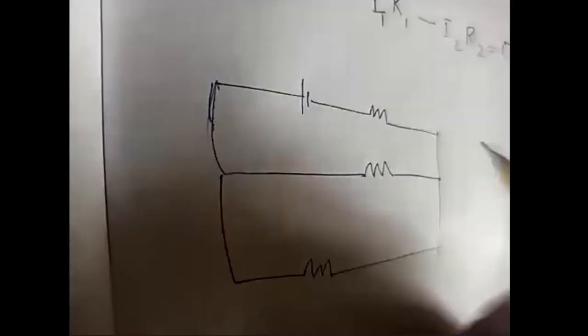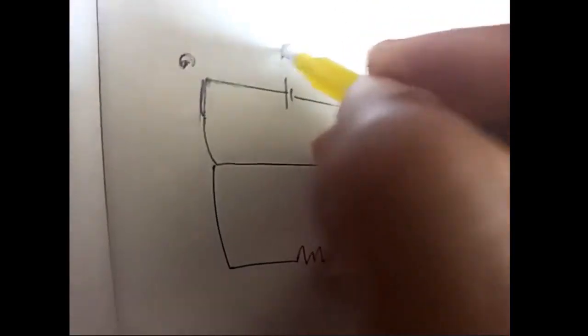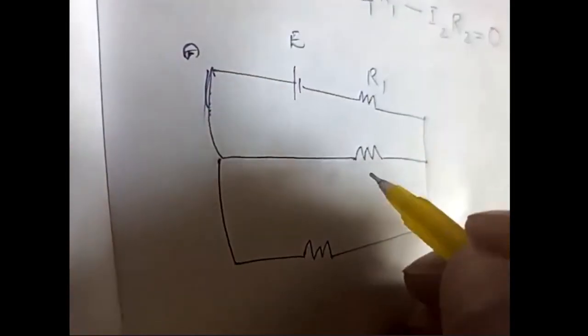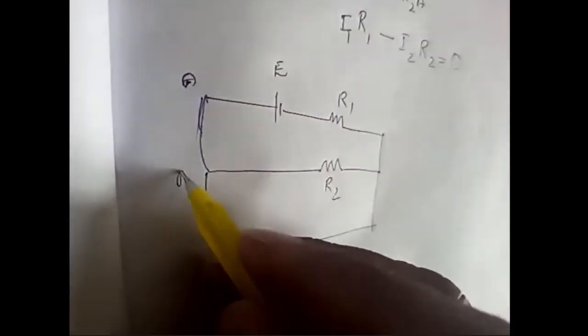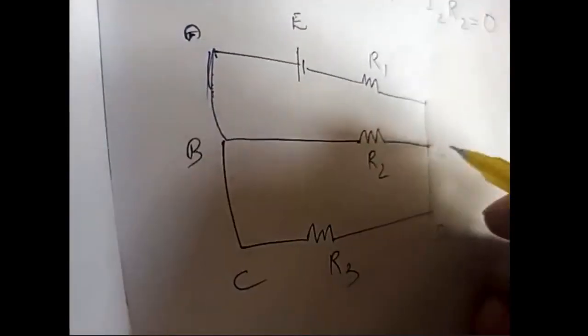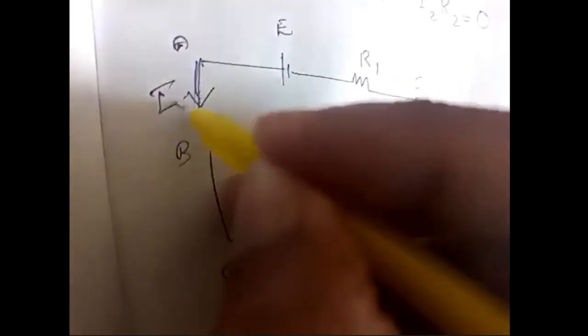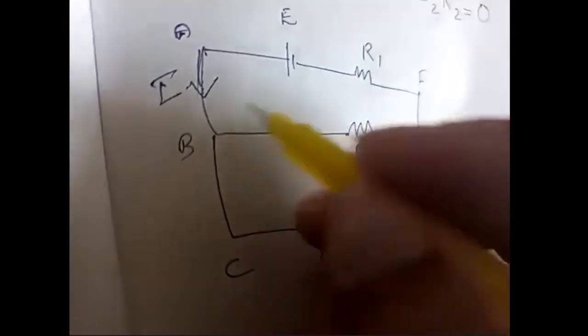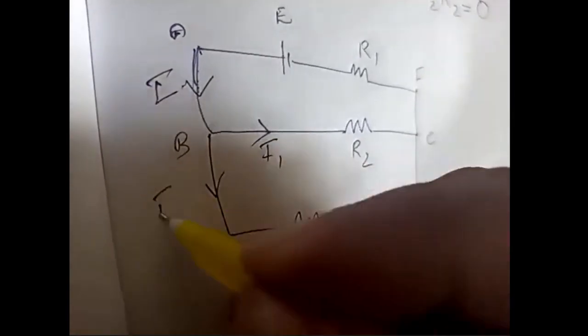Suppose there is a circuit like this, with an EMF E. Let the resistances be R1, R2, R3, and the points A, B, C, D, E, and F. From this EMF, a current I is passing, and that I will be split into I1 and I2.